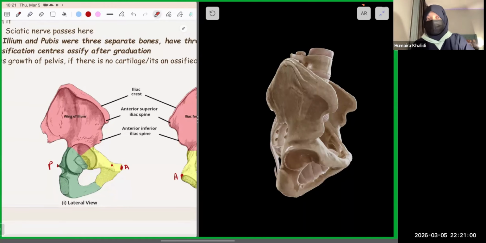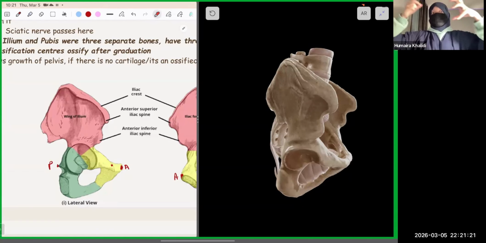Another reason it's not ossified is because when you grow up from when you were a baby, and if you pick up a baby, they have a very small waist, right? They're very mobile. So just so our pelvis can grow, these bones are separate.